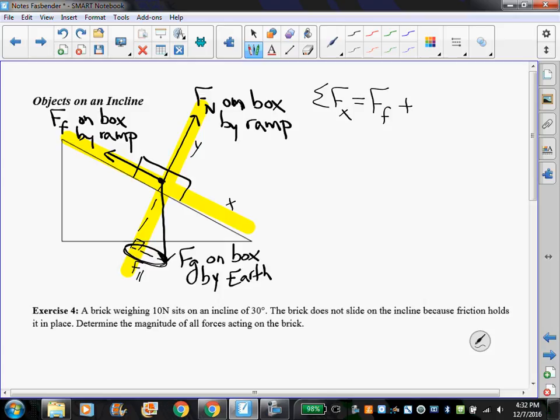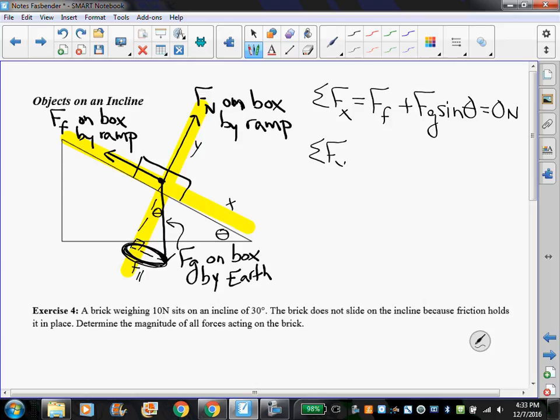We can calculate it because the force of gravity is the hypotenuse of this right triangle, and through similar triangles, the angle of the ramp is the same as this upper angle of our Fg triangle. So the parallel component of gravity is Fg sine of theta. Since this object is at rest on the ramp, that has to add up to 0 newtons.